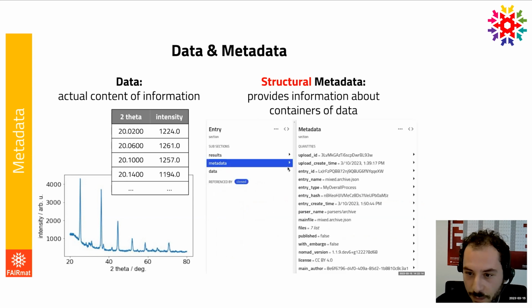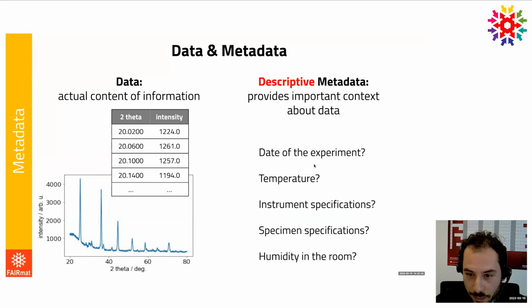Another kind of structural metadata is the list of information that we get whenever we upload a file in NOMAD, for example, and we generate an entry in NOMAD. These kinds of metadata are useful specifically for database purposes, and they are less connected to the scientific use.